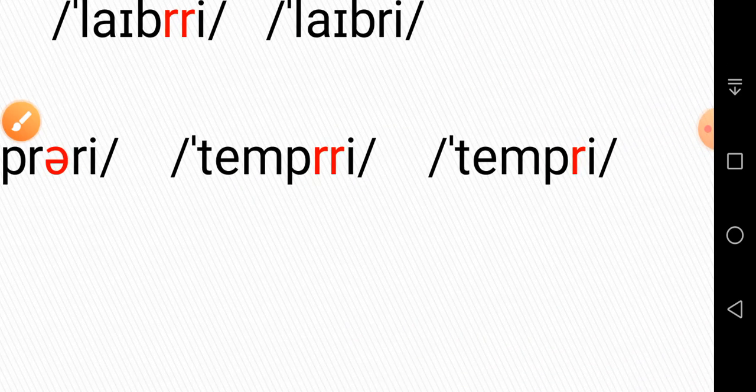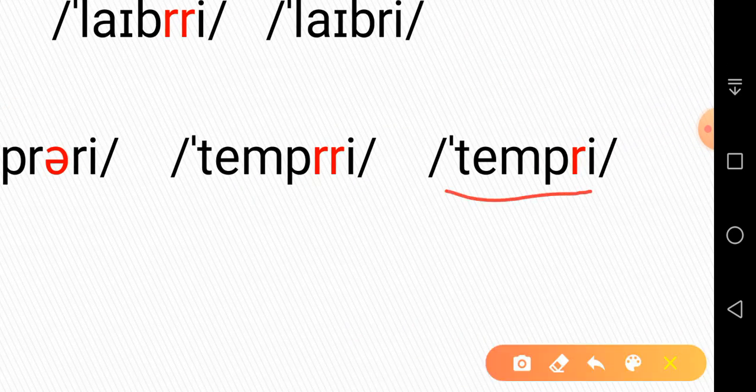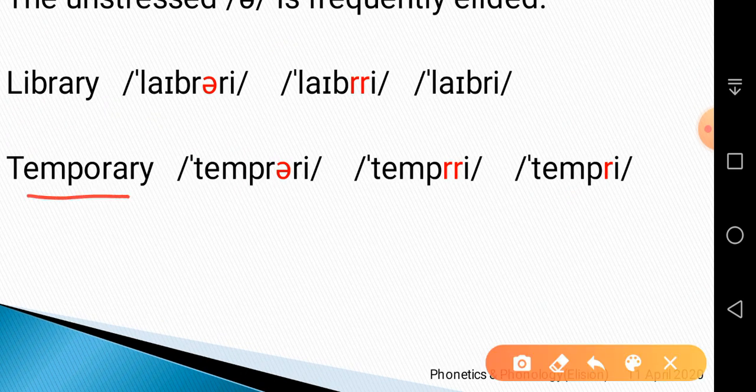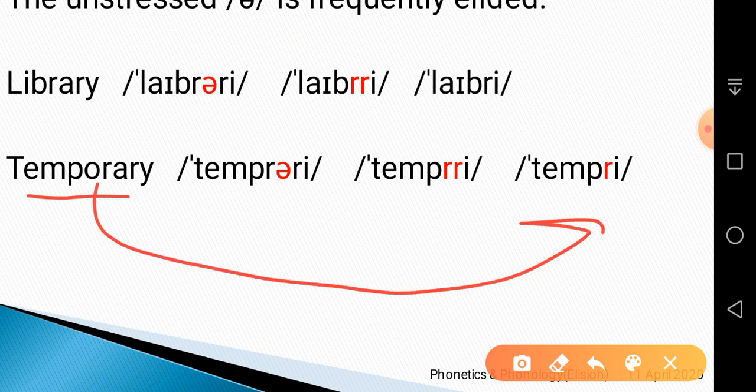So the word which we usually pronounce in full, in temporary arrangement, we should say it reduced: temporary arrangement. So what's happening? Elision is being introduced.